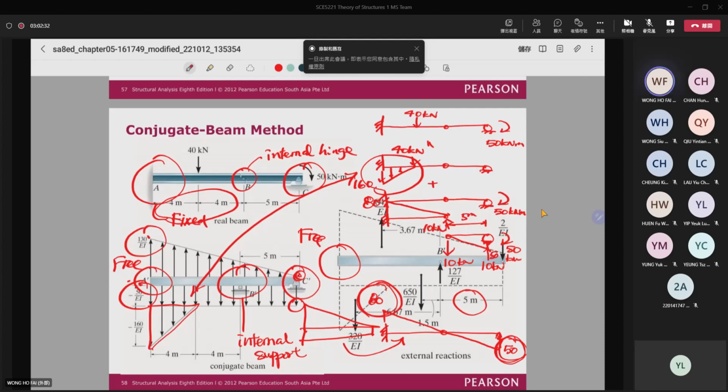Now, why do I need to change the moment diagram to one triangle and one rectangle? Because actually it is easier for me to calculate the result. Because triangle area is easy to find, and then I can find the centroid easily.